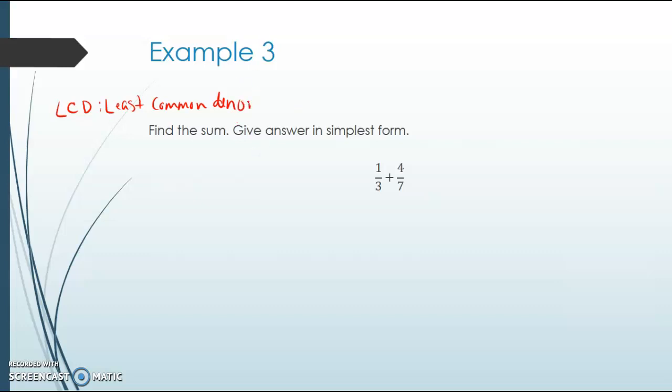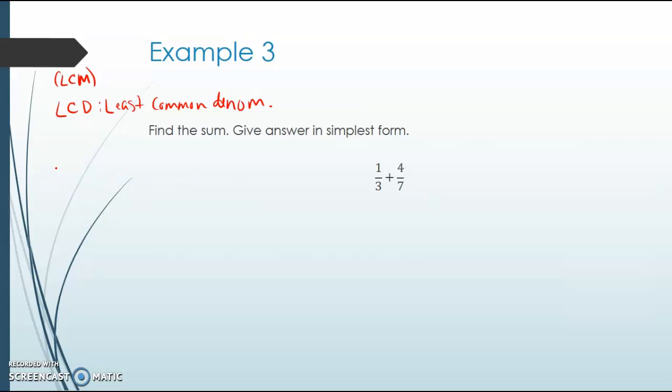You may also know this as your LCM, least common multiple. So we're finding what number 7 and 3 both multiply to. And so on this one, the smallest number they multiply to is 21.